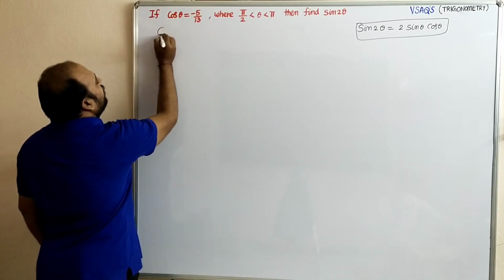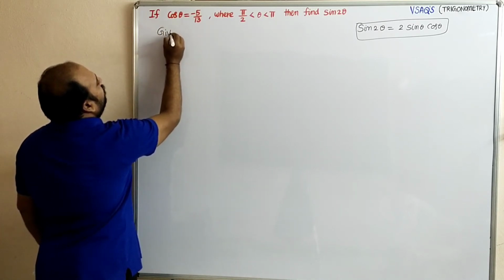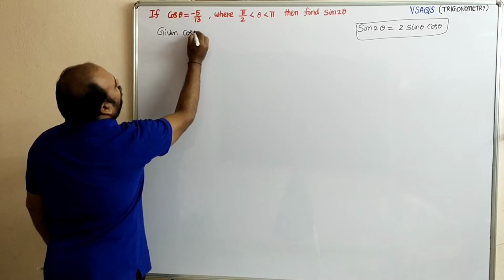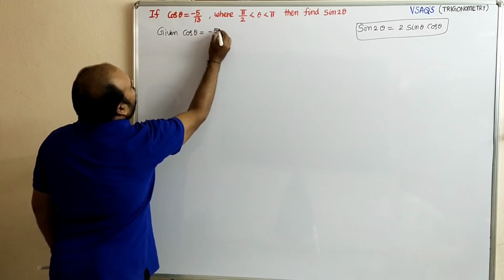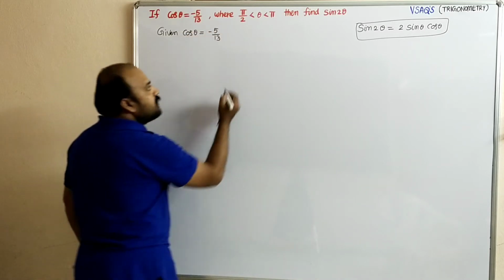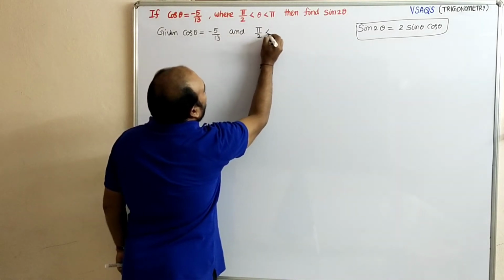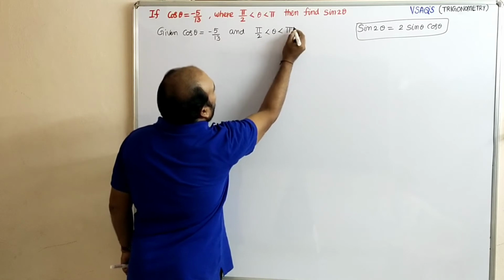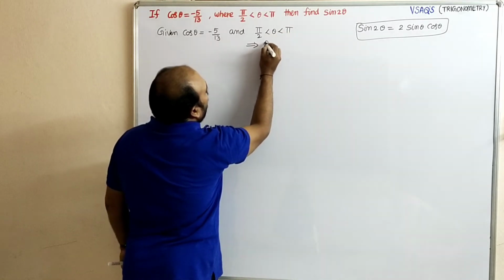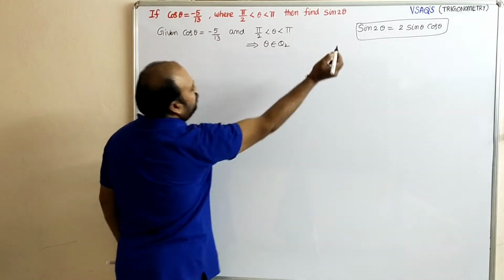First step, given cos theta equals minus 5 by 13 and pi by 2 is less than theta is less than pi, which implies that theta belongs to the second quadrant.